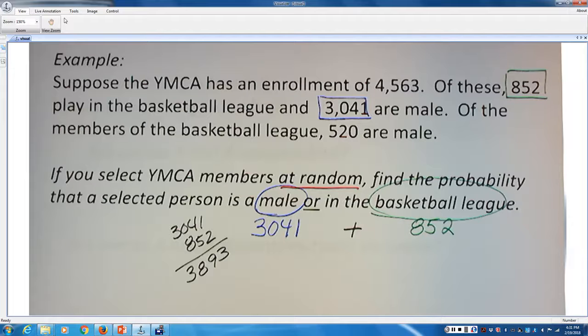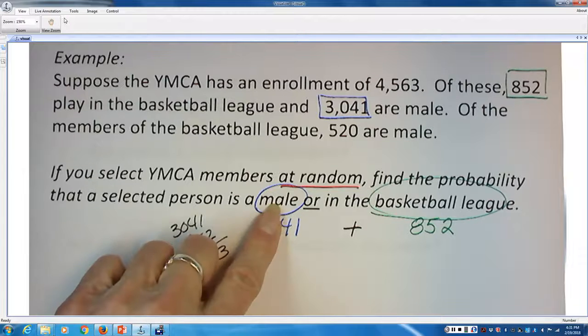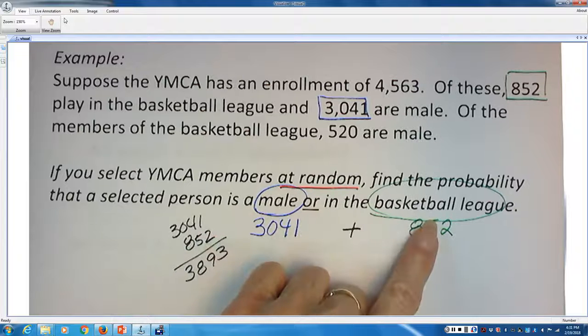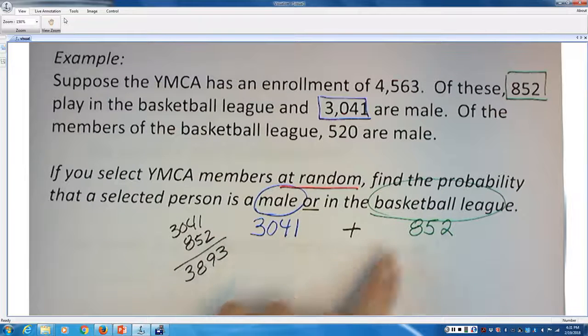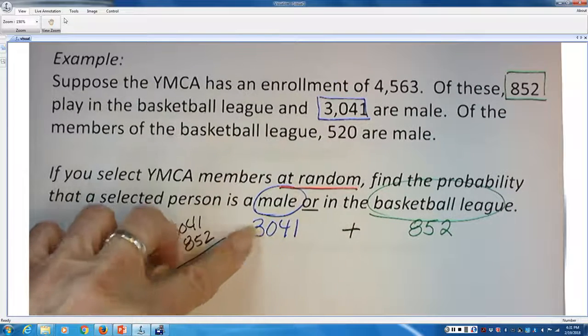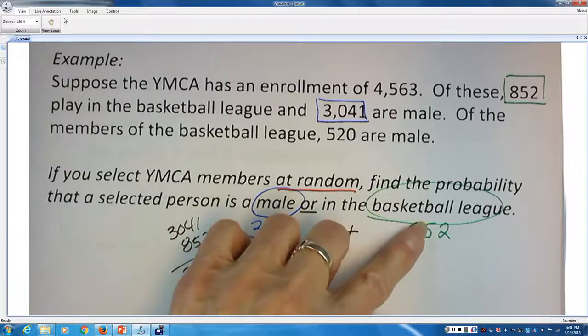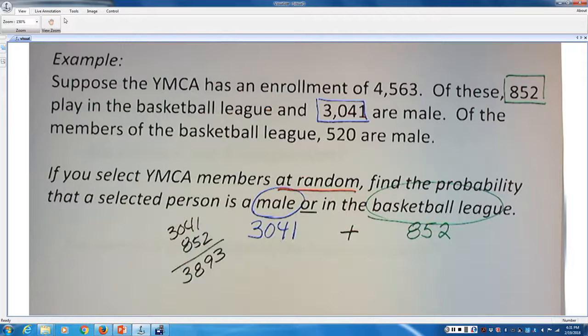Right? Why is it not that much? Yeah, you counted them as being men, you can't count them again if they're in the basketball league. So 520 of these men got counted here. They also got counted here. We double counted them.